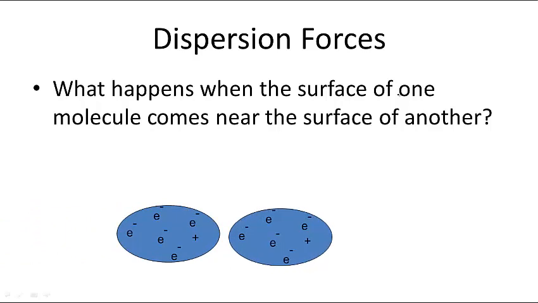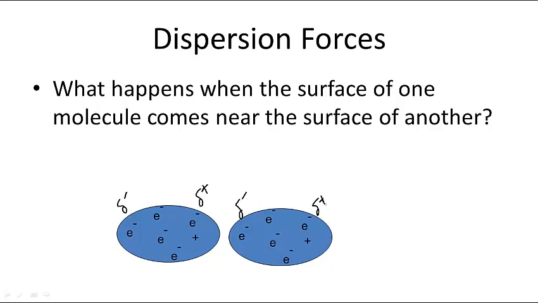Okay, so you notice how this side is partially positive, this side is partially negative. Now in that instant, when that molecule approaches another molecule, the partially positive side will attract the electrons, pushing the partially positive to the other side.